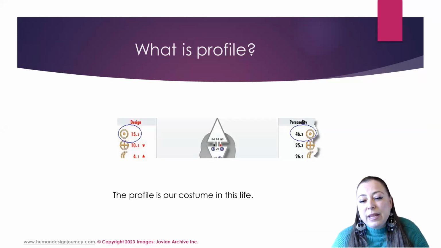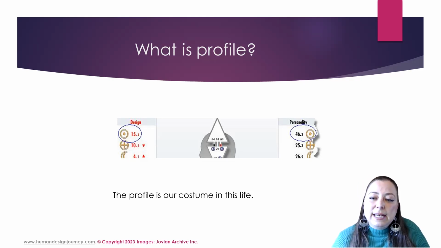So our profile is derived from our personality Sun Earth. The gate has a specific line behind the dot. In this case, it's a 3 on the personality side. And then on the design side, we have a dot and behind the dot a 5.